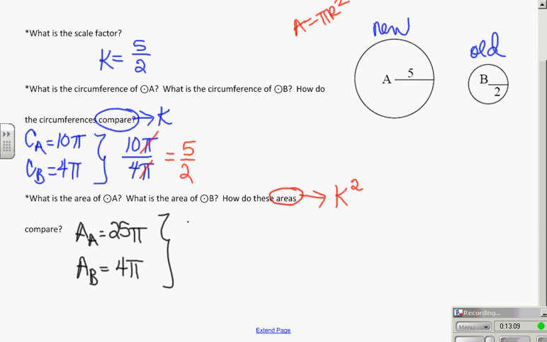Again, leave it exact. The area of circle B is 4 pi. Put those into a ratio, 25 pi over 4 pi. The pi's cancel. They compare at a ratio of 25 over 4, which is indeed 5 squared over 2 squared. And so my formulas are all working out.